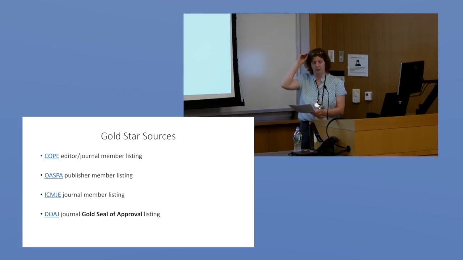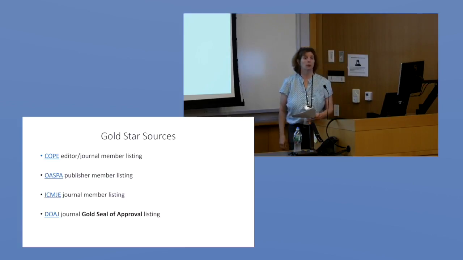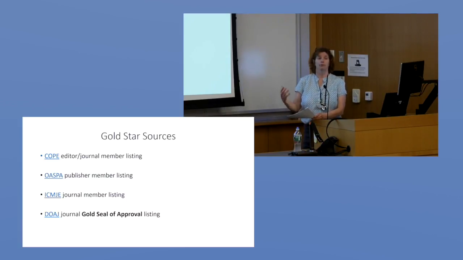And we'll walk through each of them briefly, but just being on one of these sites is a good indicator. Now, journals can say, we're a member of COPE, or we're a gold seal for DOAJ. Just because they say it doesn't mean they're there. I would always go and check, just to be sure. Because anyone can say anything. Talk is cheap, but action is what matters.